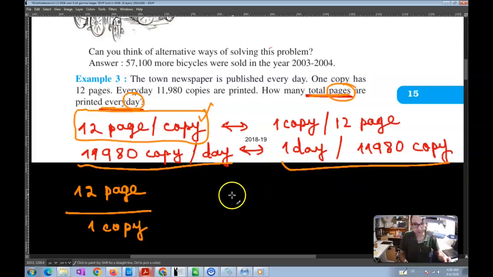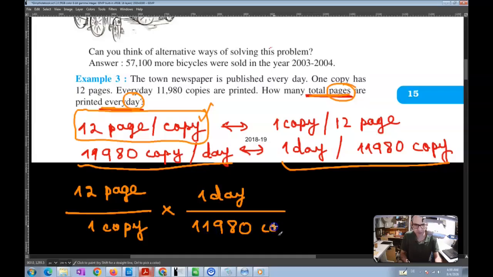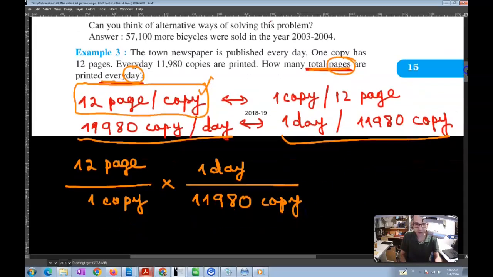Now if I write it this way, meaning one day per 11,980 copies, remember that I wanted to get rid of the copy, because the copy is something that I do not need in my final answer.